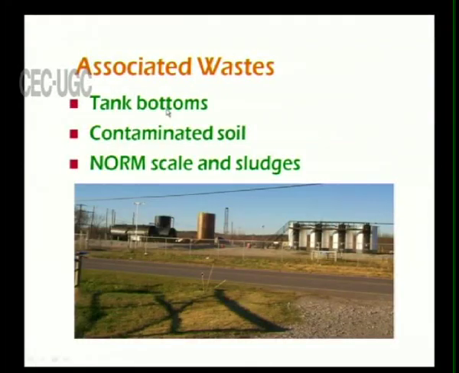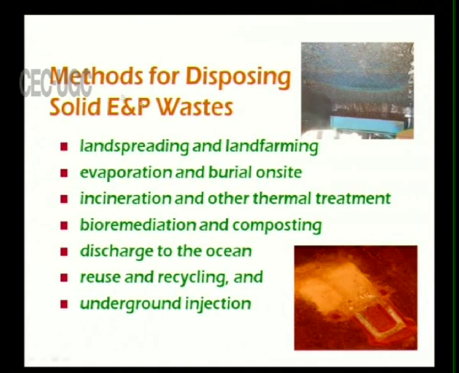The associated waste: the tank bottoms, the contaminated soil, see, the soil is totally contaminated, and the sludges also. These are the associated waste, another byproduct of the oil extraction. And the methods for disposing the solid waste: the land spreading and land farming.